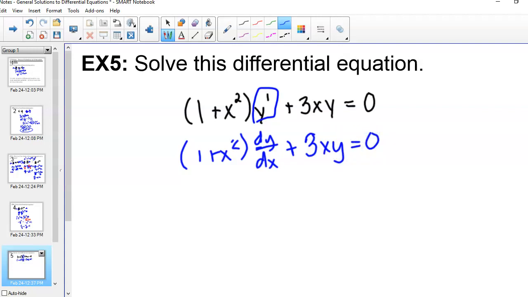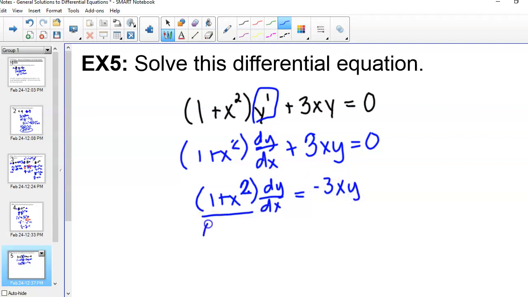So the first thing I would always do is solve for that dy dx. So we've got 1 plus x squared dy over dx is going to equal negative 3xy.